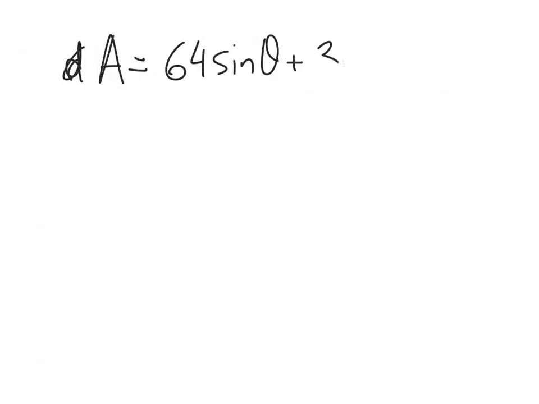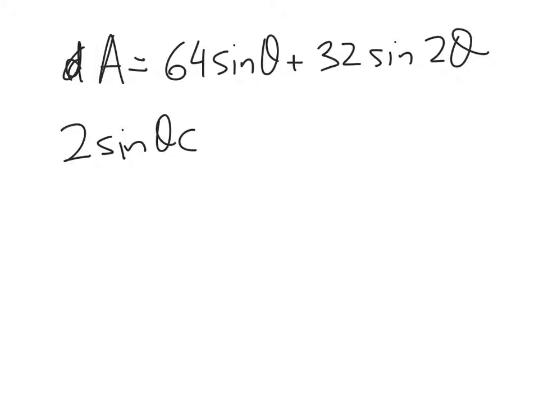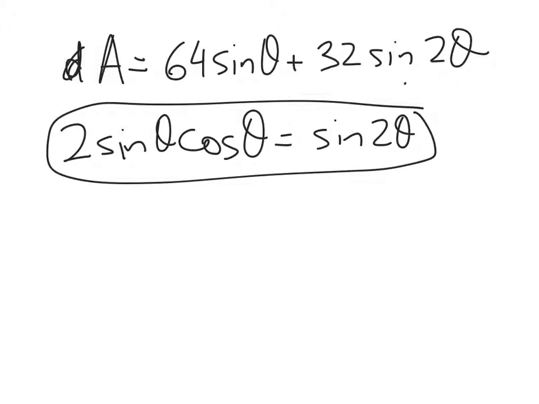Right, so we can rewrite our expression as A equals 64 sine theta plus 32 sine 2 theta. Now I can do that because 2 sine theta cos theta is equal to sine of 2 theta. So that's what I've used for that.